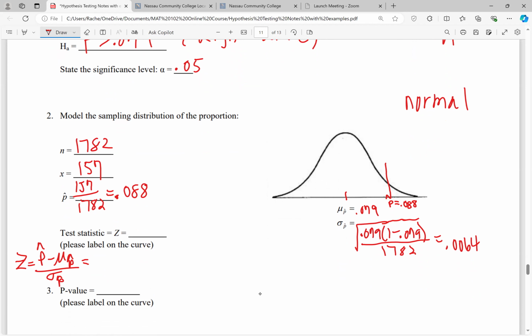So we're going to take 0.088 minus the mean of 0.079 and divide by the standard deviation of 0.0064. You could calculate that with me, and I got 1.41.